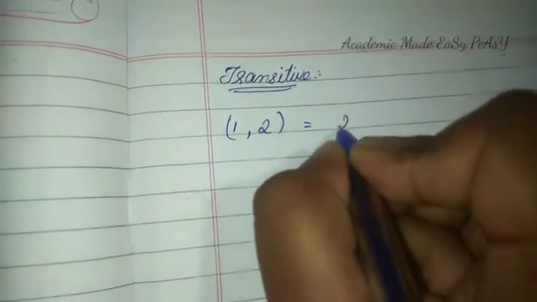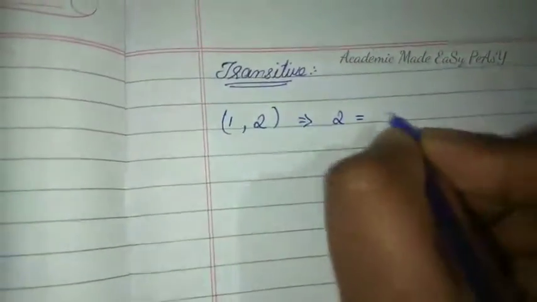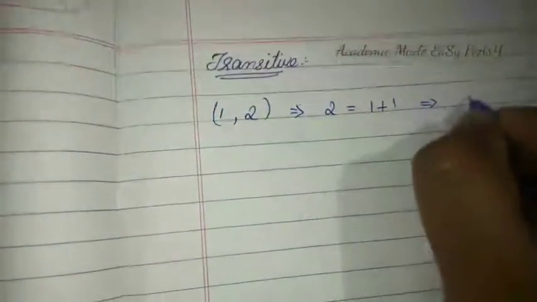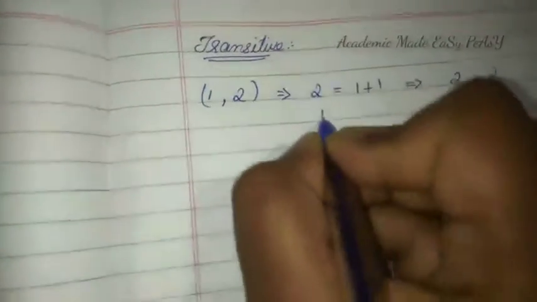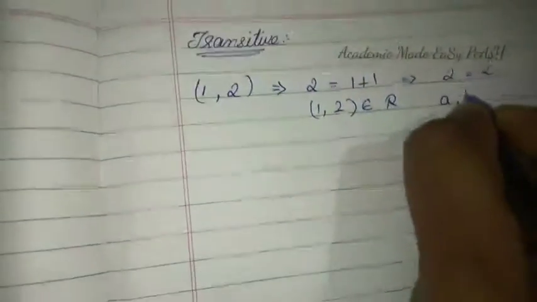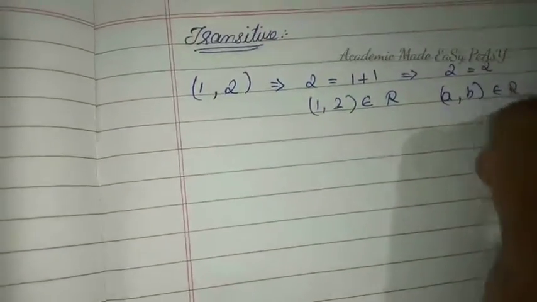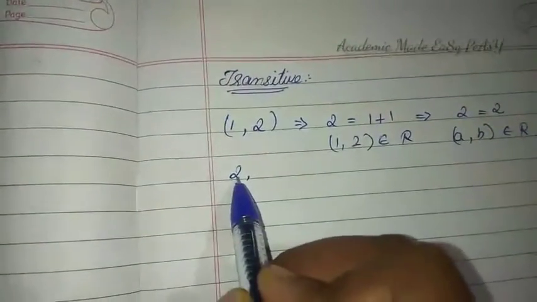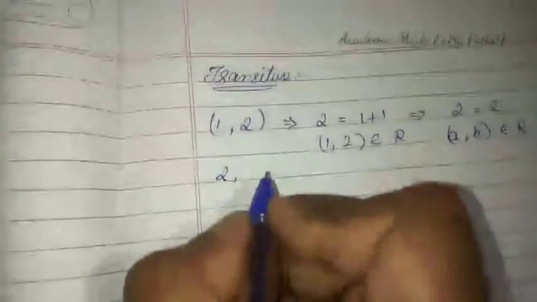The first two conditions should satisfy, isn't it? So I will take (1, 2). Okay, so if I take (1, 2), I'm going to apply it directly. So I will get 2 is equal to 2. (1, 2) belongs to R. (a, b) also belongs to R. So if I take (2, ...), so this is my a value, 2 plus 1 is 3.